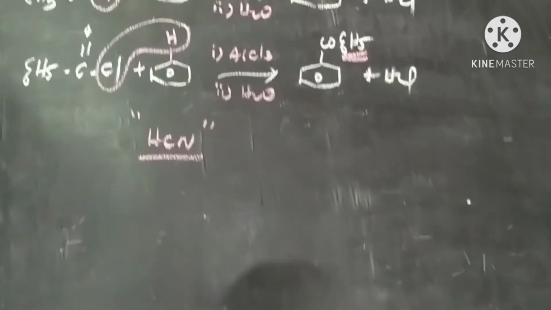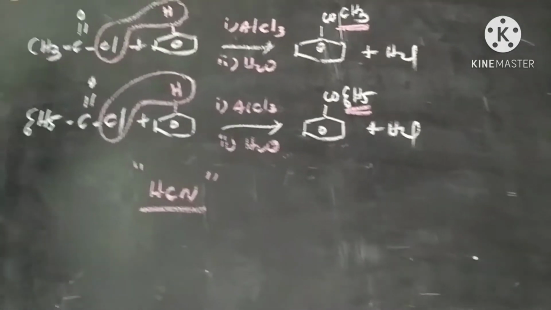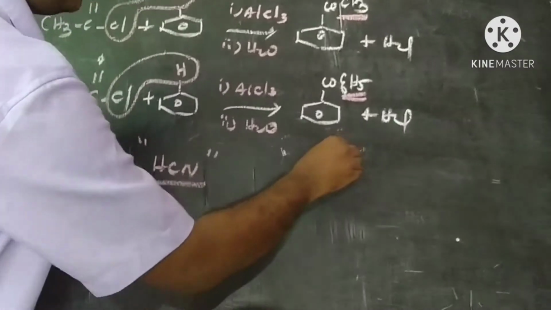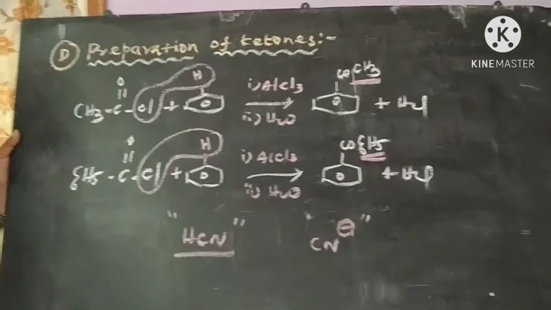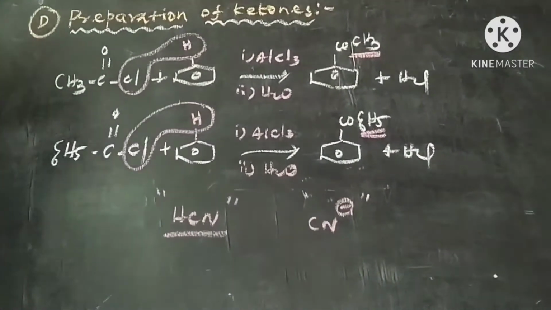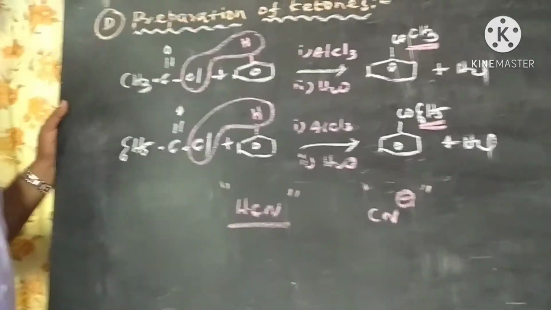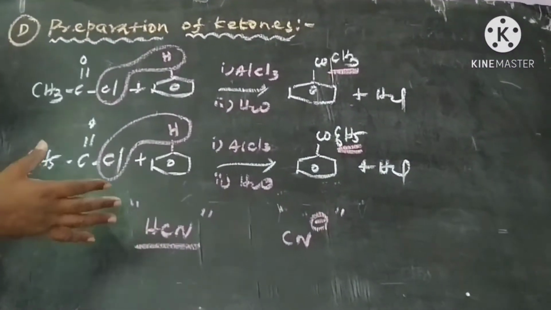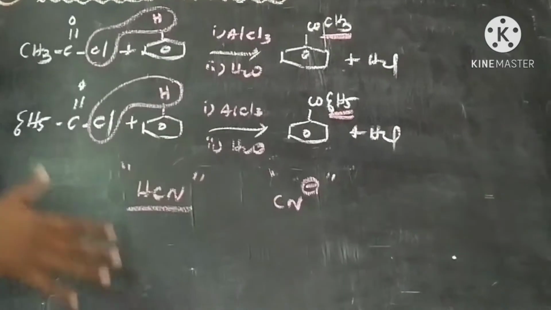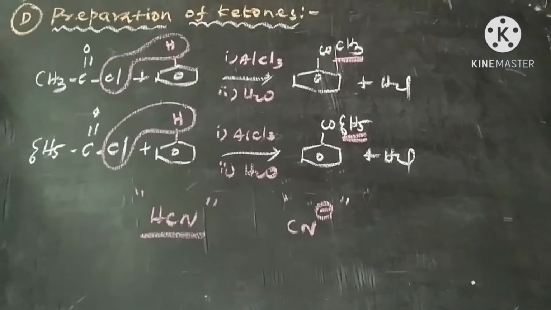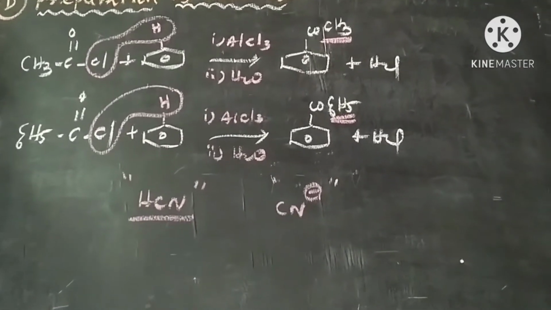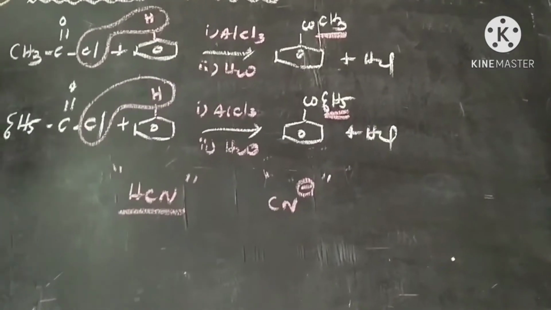Attack of CN minus, the cyanide ion, on the carbonyl carbon, followed by protonation, gives cyanohydrins.